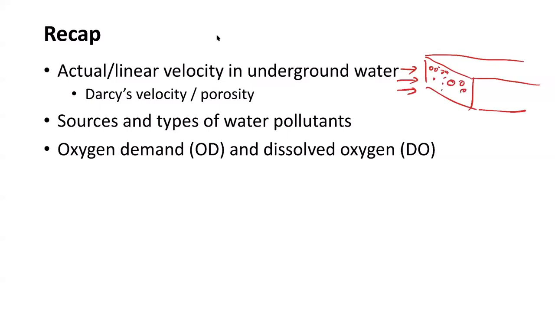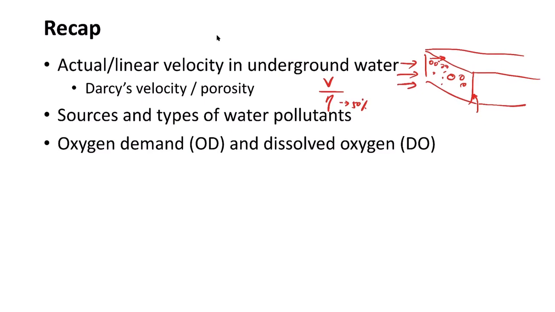So the water velocity going through the void is going to be higher compared to the average velocity going through this cross section here. So we need to divide the Darcy velocity by the porosity, let's say eta here. If the porosity is 50%, then the actual or linear velocity is going to be twice the Darcy velocity, right? So this is how we consider this problem.